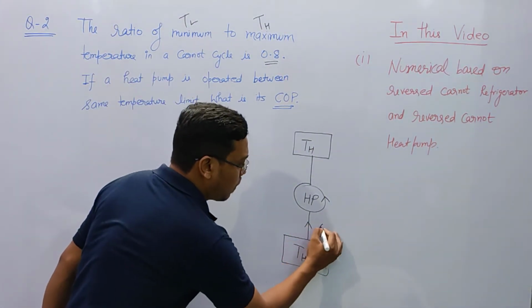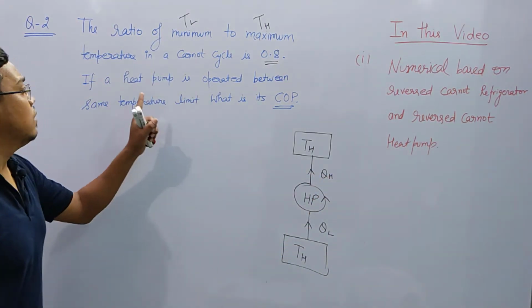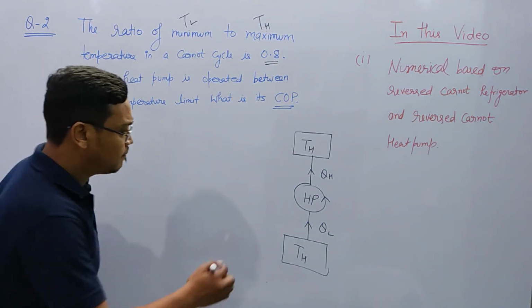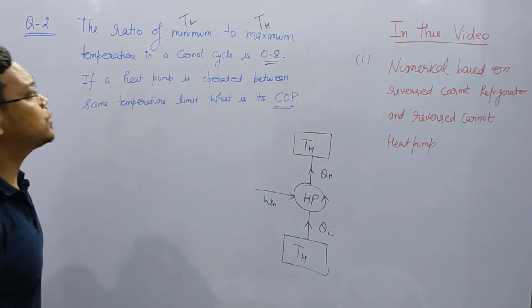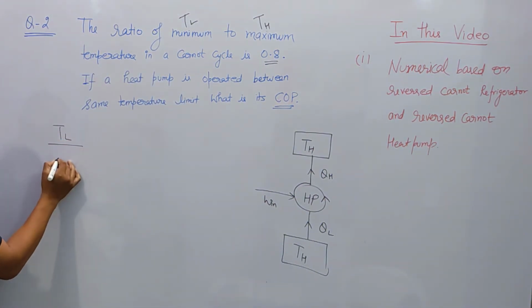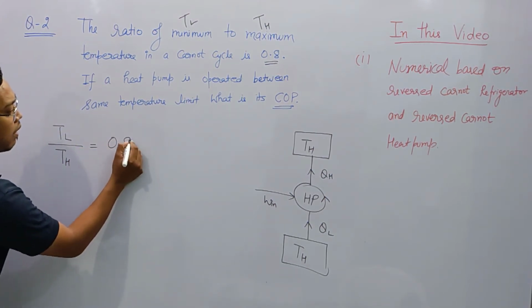Okay friends, so the COP, how will we calculate here? In this question, you have given TL divided by TH. The ratio of TL and TH is given as 0.8.